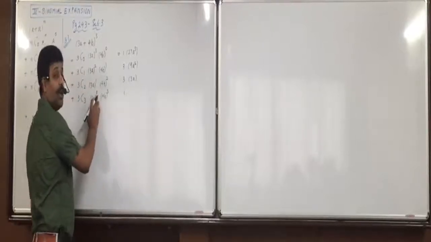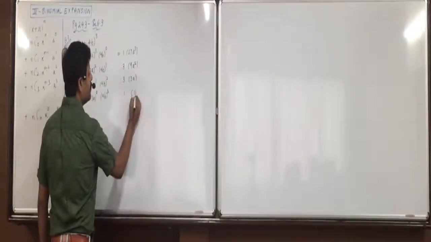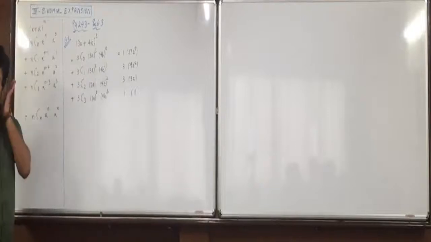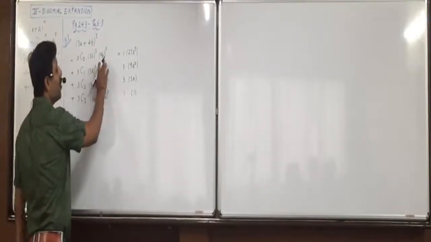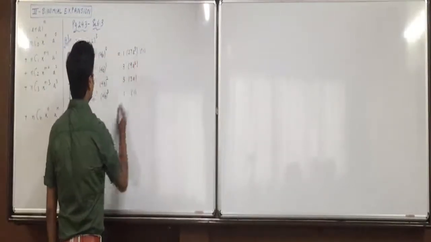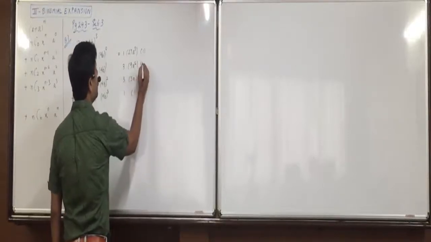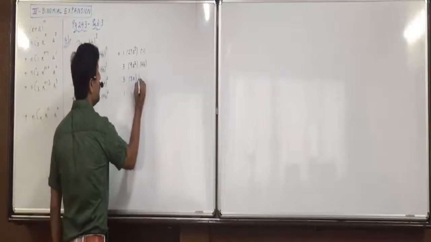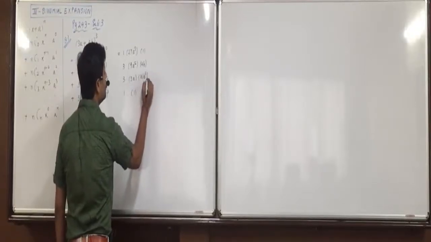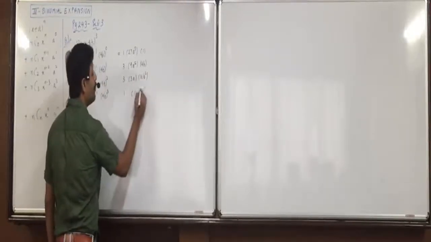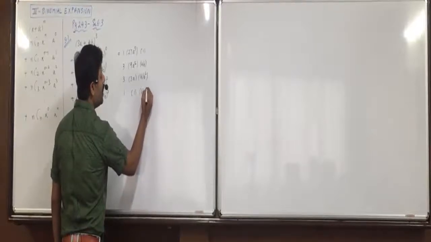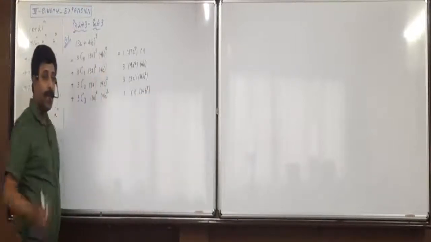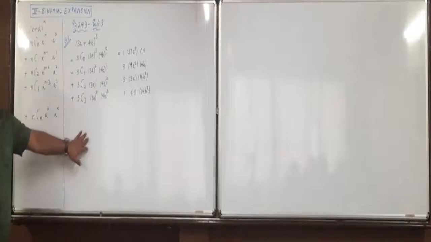Anything raised to 0? Is everyone clear with this? Then again, 4b raised to 0? 1. 4b raised to 1? 4b. Now 4 square? 16b square. 4 cube? 64b cube. Any doubts up till here?